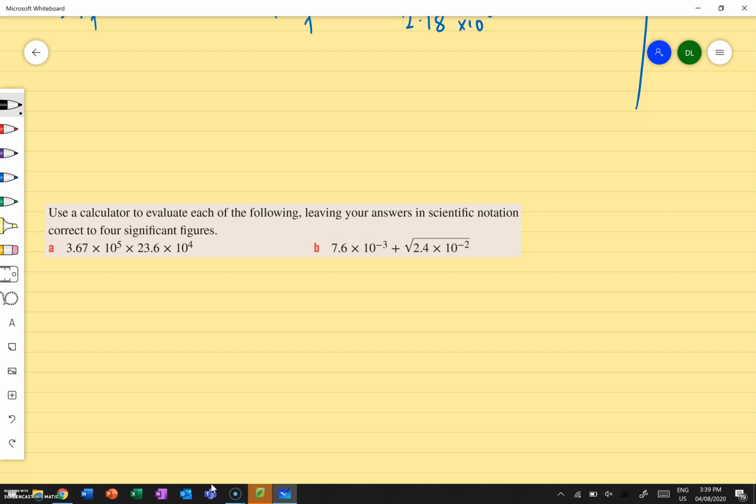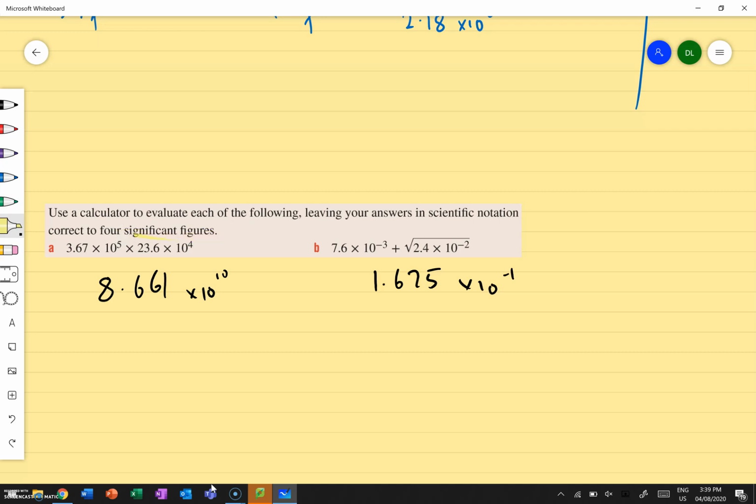So what I got was, for the first question, 8.661 times 10 to the power of 10. And for the second one, I got 1.625 times 10 to the power of negative 1. Remember, there's a difference between significant figures and decimal places.